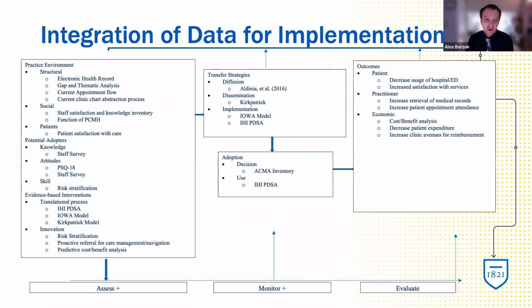Transfer strategy, so diffusion, how to diffuse this information, how to diffuse and make this a transparent process, using a study done by Eldinia et al., which looked at processes within the patient-centered medical home, as far as the political and social context of how these centers typically operate.